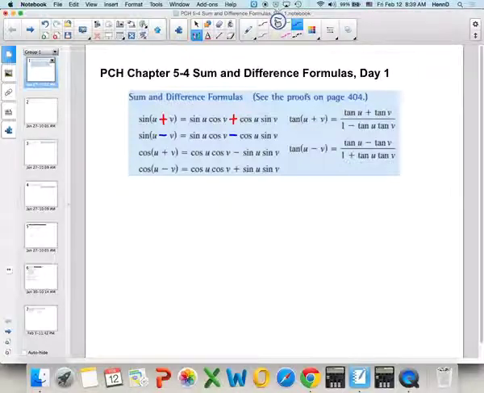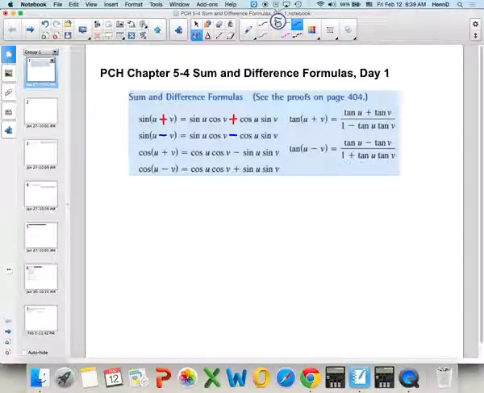For the cosine formula, you'll notice that in both cases, you're taking the cosine of each angle and multiplying it, and then you're taking the sine of each of the angles and multiplying it. Then you combine those two products.